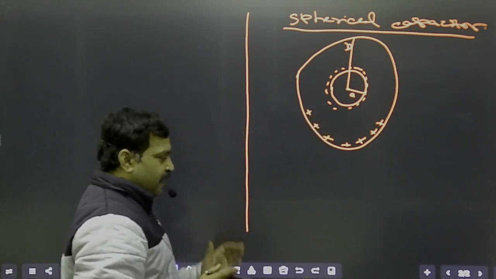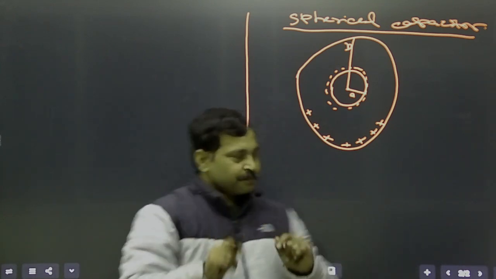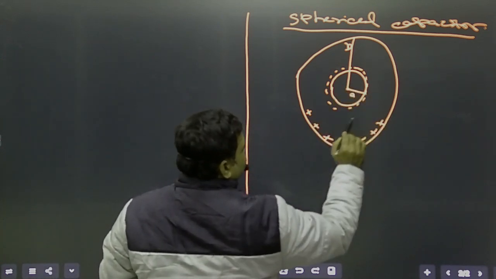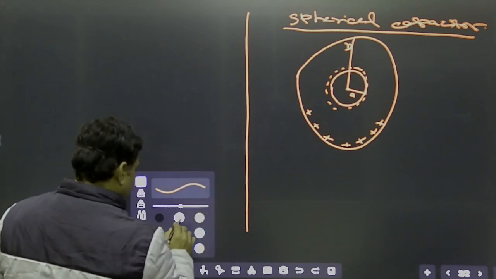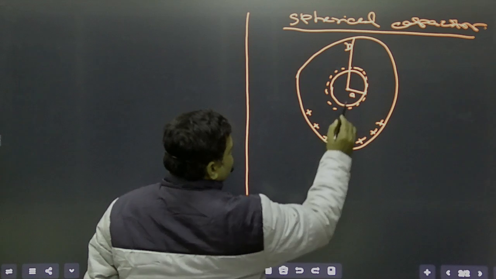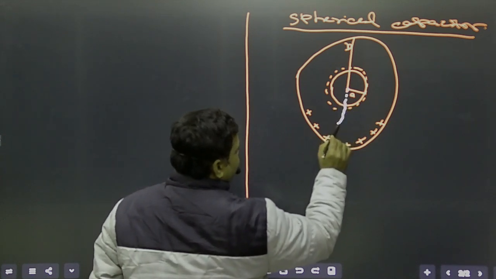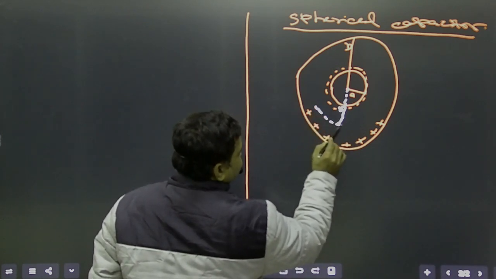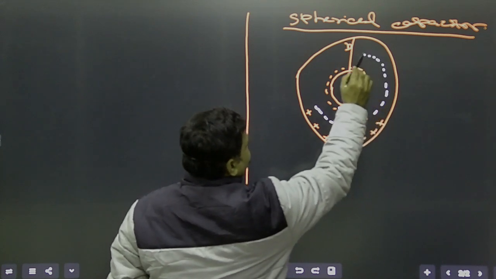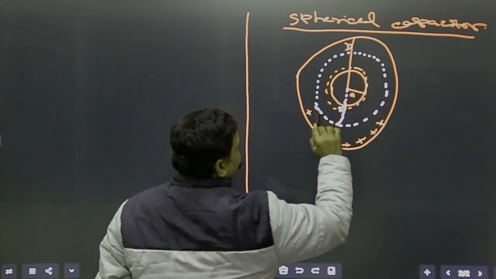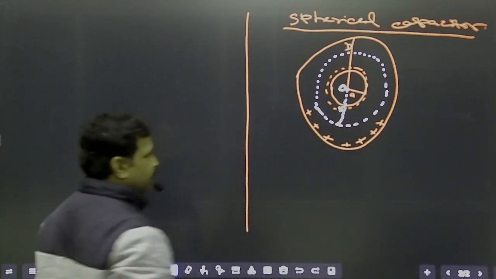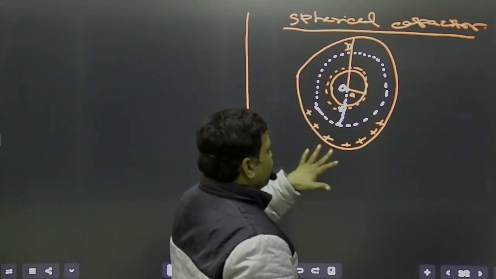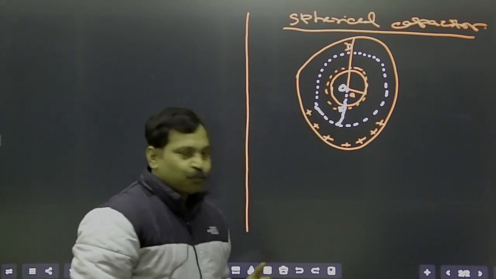In this spherical capacitor, suppose I am considering a point at a distance r from the center O. If we assume a Gaussian surface of radius r, then how do we find the electric field?